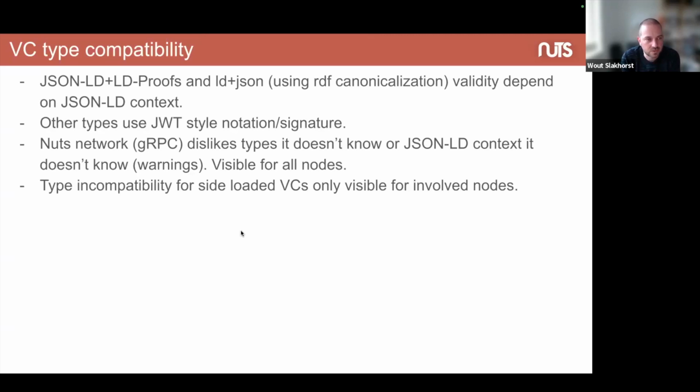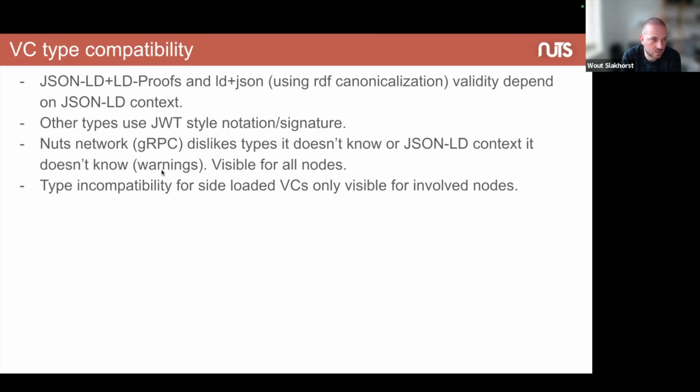So we're pretty happy to see that those new types are officially defined. They get a media type, and we can also choose a canonicalization scheme that's forward compatible, which is pretty important. Also, those JSON-LD context warnings that you might now see in your logs will no longer appear, because we're not going to transport credentials over the network anymore, but they will be side-loaded into your NUTS node, or you will get them through OpenID for VCI.